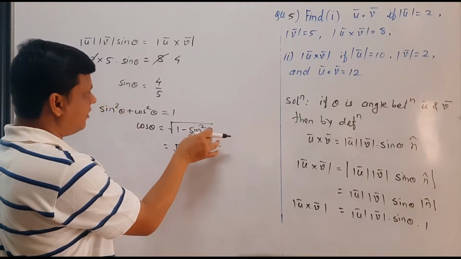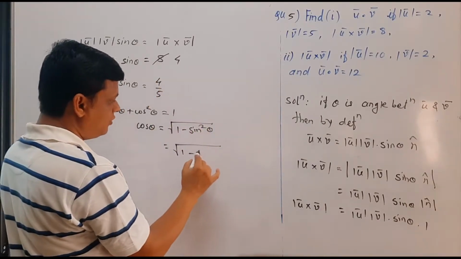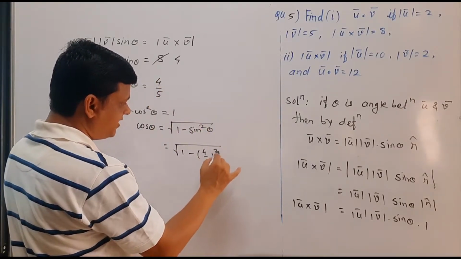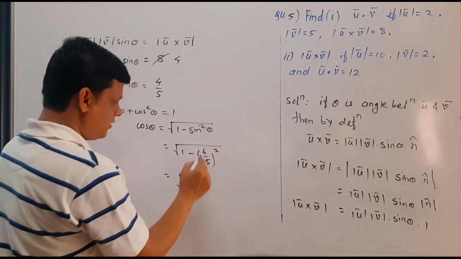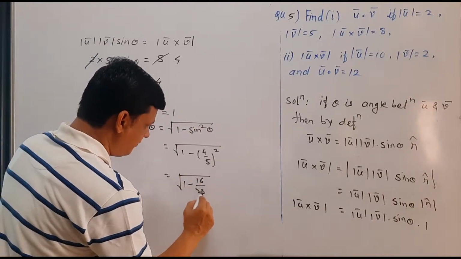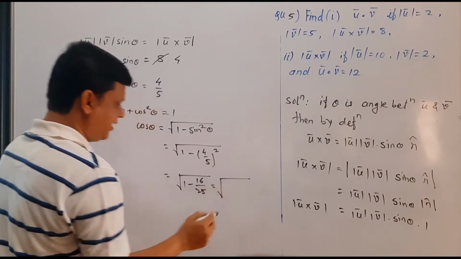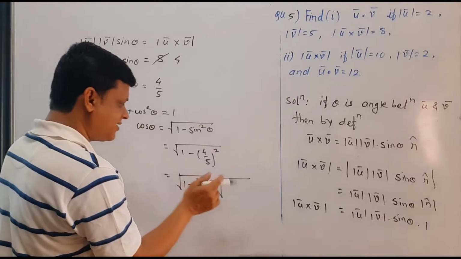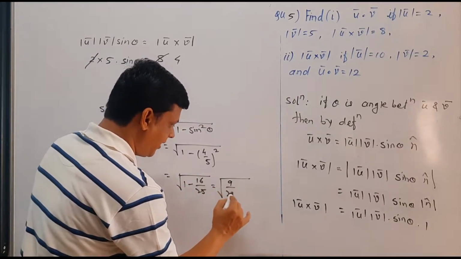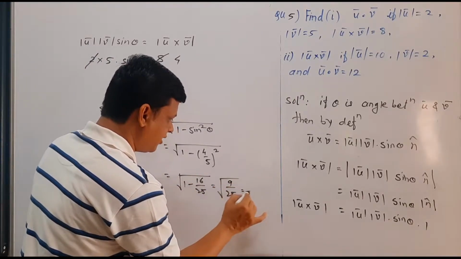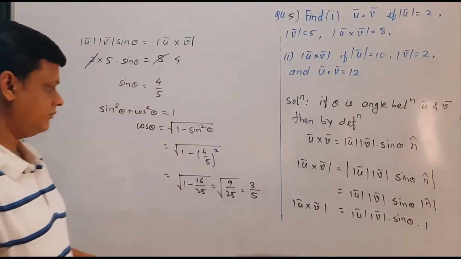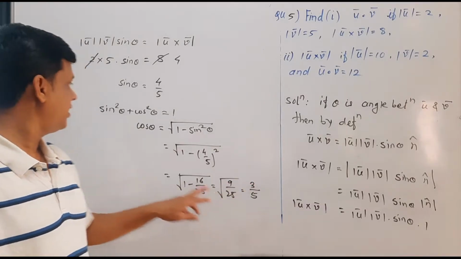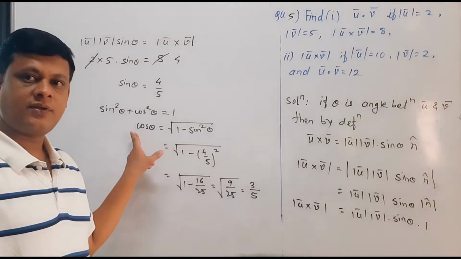In place of sin theta we replace 4 by 5, so we write 4 by 5 its square. So we get 1 minus 16 by 25. After cross multiplying we get 25 minus 16, which is 9, so 9 by 25. Taking the square root we get 3 by 5. In this way we calculate the value of cos theta.